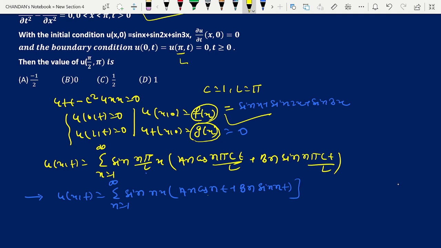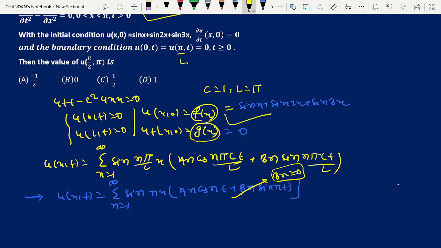Then for sin nt, if you differentiate, you get n b_n cos nt. Substitute the value, given g(x) is equal to 0, which implies that b_n is equal to 0.